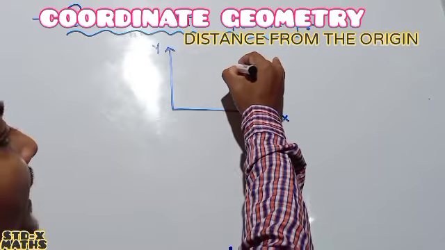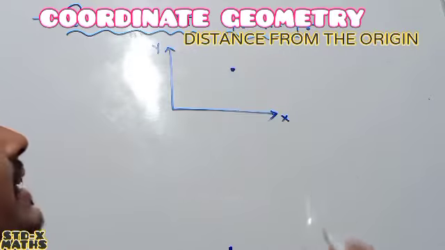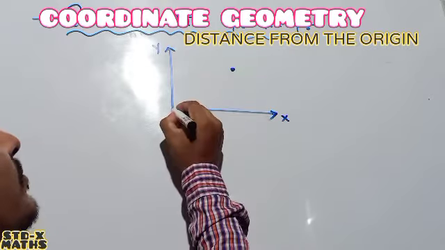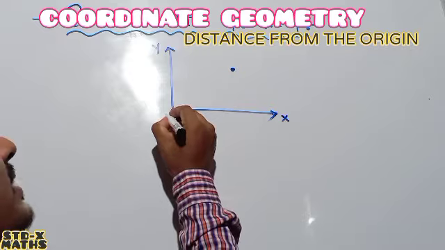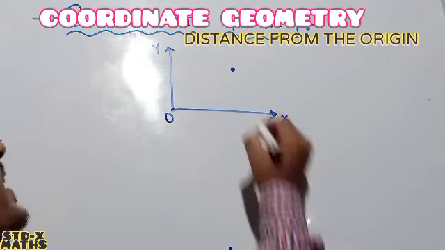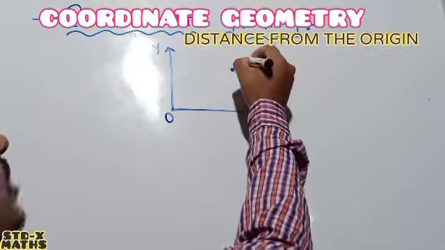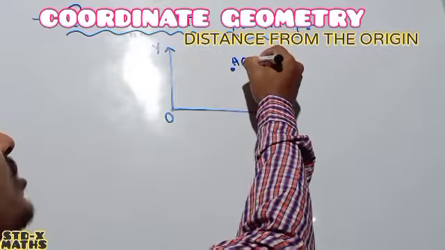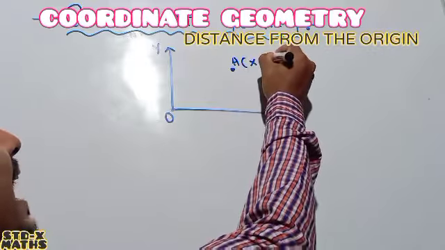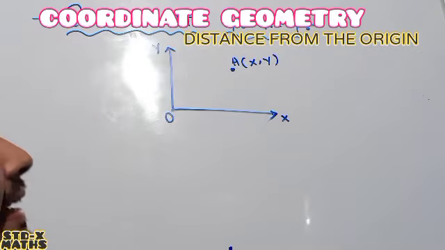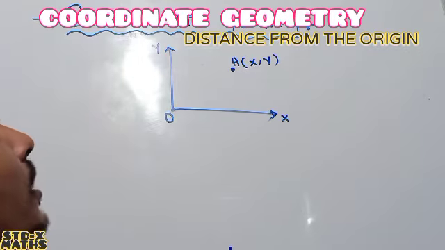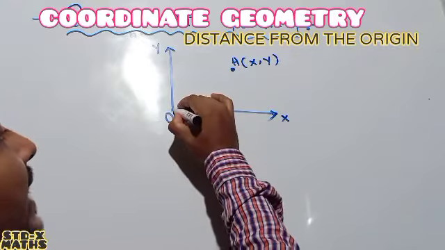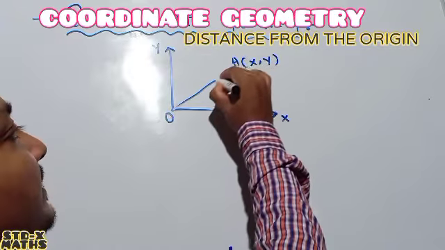Suppose I want to find the distance of this point from the origin. The point is named A, and suppose its coordinates are x and y. We have to find the distance of the point A from the origin.